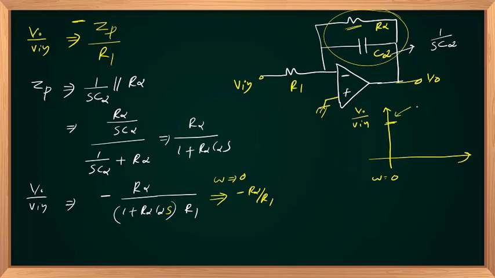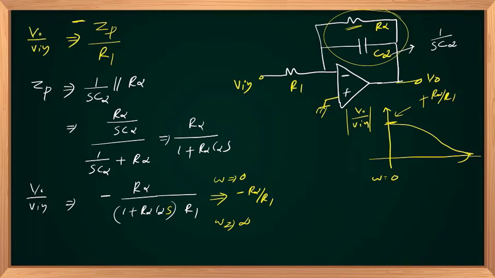Taking the magnitude, this will be R2 by R1. Right? As omega tends to infinity, the denominator will become larger, so the voltage gain goes to 0. Very low value, and it touches the x-axis at omega equal to infinity.